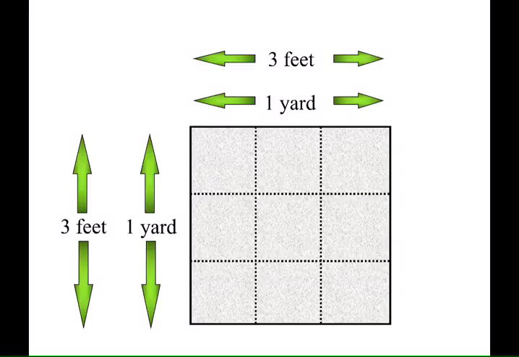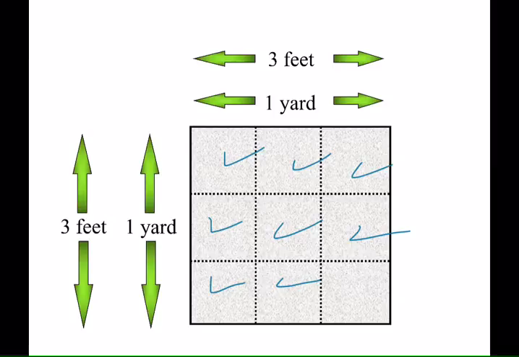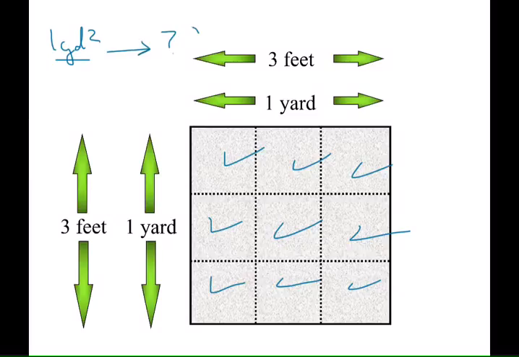There are actually 9. And I know there's 9 because I can count these boxes, and I also know there's 9 because I looked ahead in the notes. The problem we're working here is, if you have 1 yard squared, how many feet squared is that? And we're going to use the factor label method.